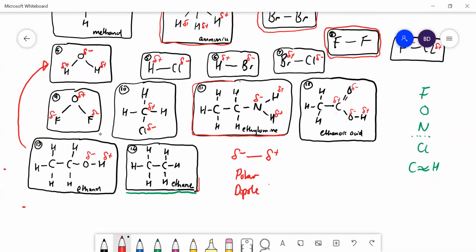They possess a dipole, and sometimes you could say that is a permanent dipole. This idea of molecules having an uneven distribution of positive and negative charge is really important for the formation of intermolecular forces, which we will talk about in the next video.